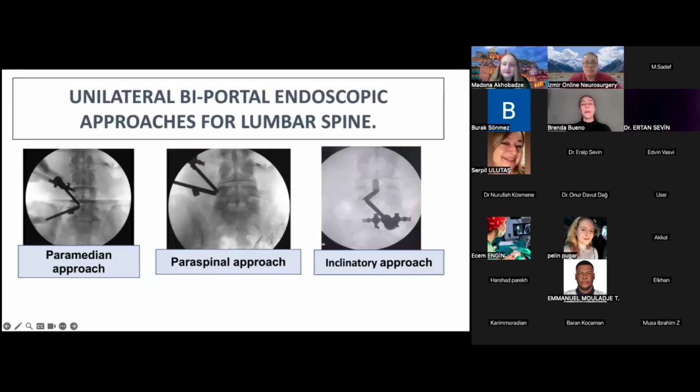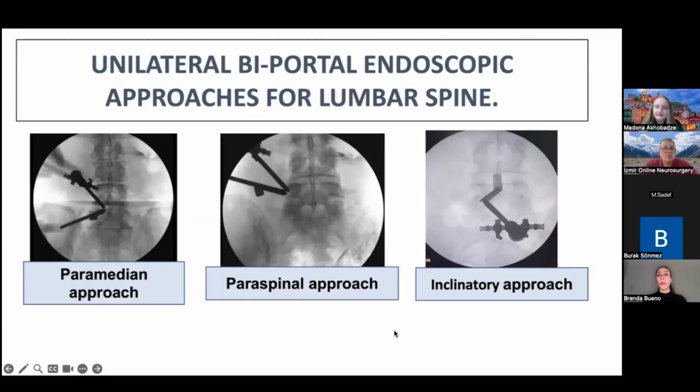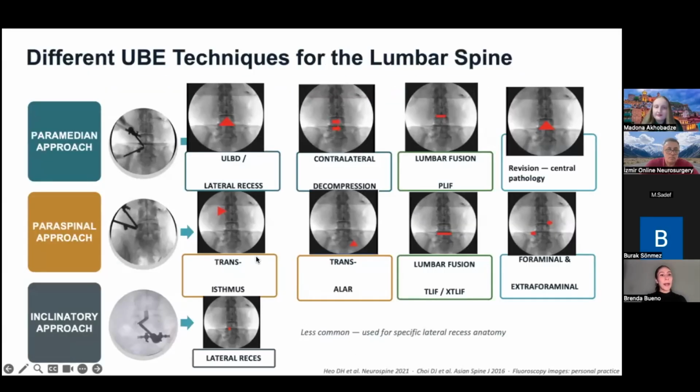We have three principal approaches in the lumbar spine: paramedian, paraspinal, and interlaminar. For the paramedian approach, we use it for all central pathology like unilateral decompression, lateral recess, contralateral decompression, lumbar fusion, even revision, infection, etc. And with the paraspinal approach, we treat all foraminal or extraforaminal pathology.